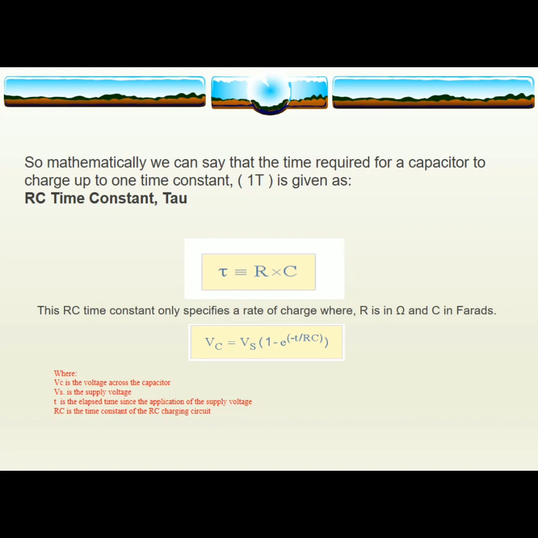So mathematically, we can say that the time required for the capacitor to charge up to one time constant is given as the RC time constant, named tau.